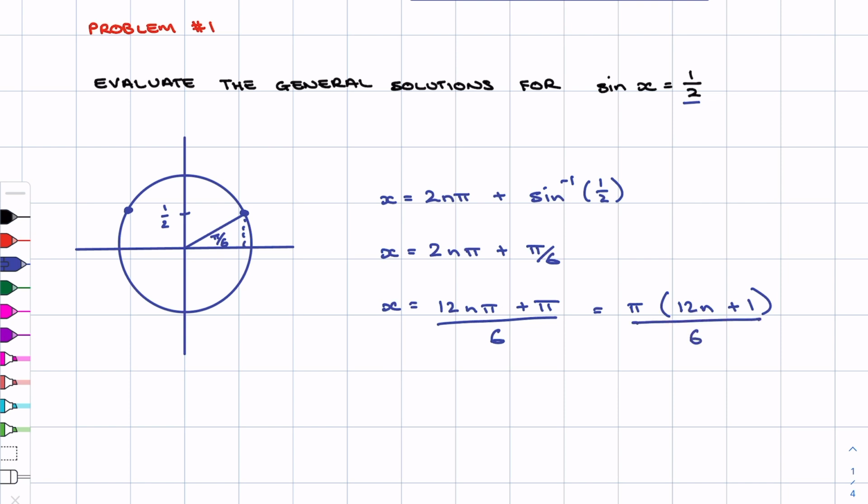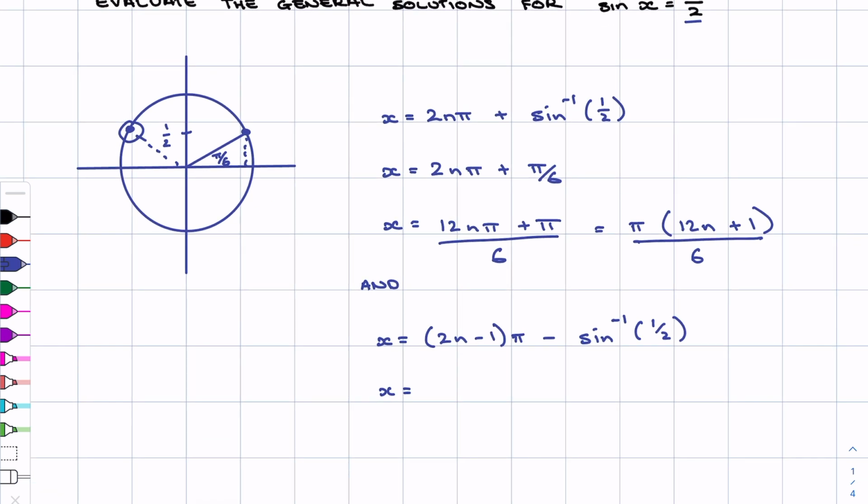Now that's one solution. We have to focus now on this other side. So I'm going to write and here, x equals 2n minus 1 pi minus sine inverse a half, and x will equal 2n minus 1 pi minus pi on 6.